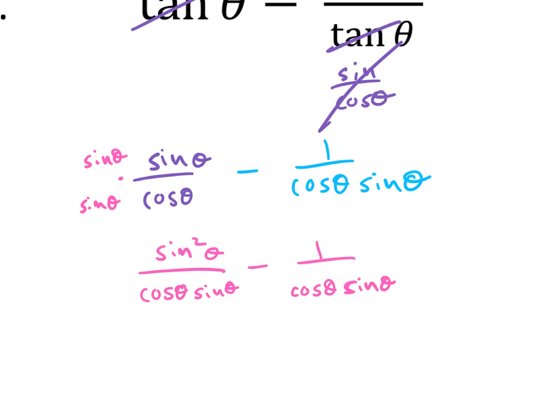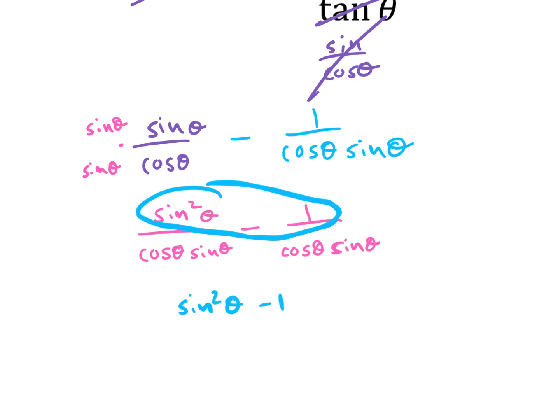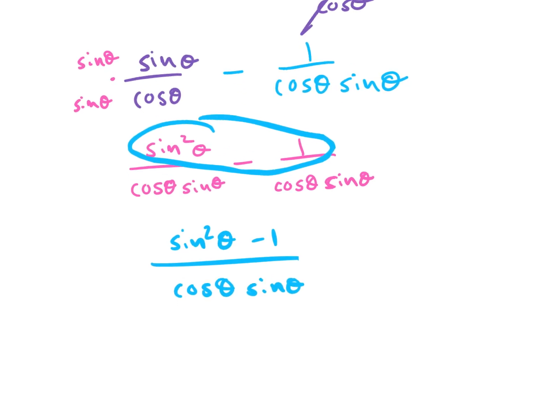Can I combine these together? Yeah. I have a common denominator, so I can just subtract the tops. So I have sine squared minus 1 over cosine times sine. Sine squared minus 1 looks like one of my Pythagorean identities. What can I change sine squared minus 1 to? I can change that to negative cosine squared.